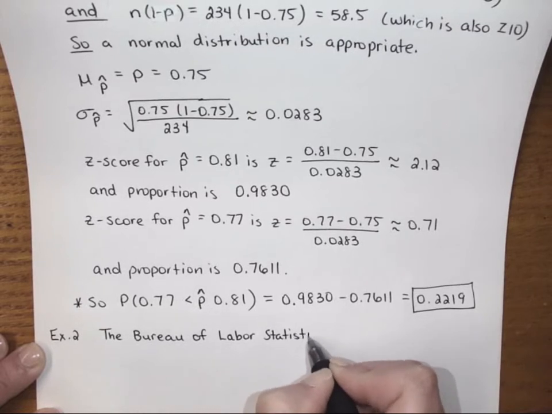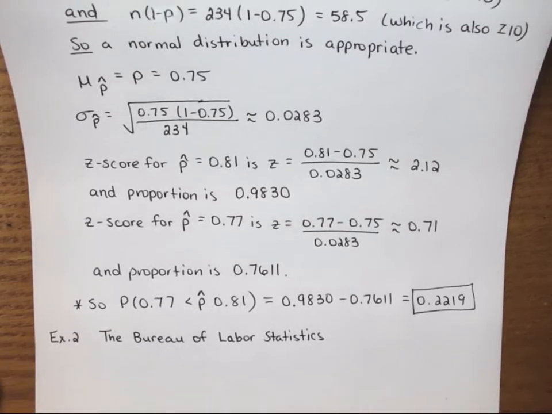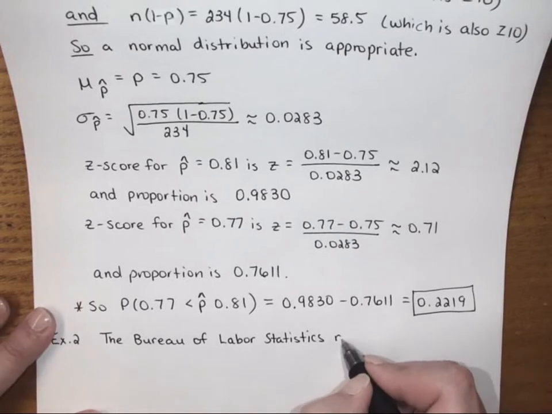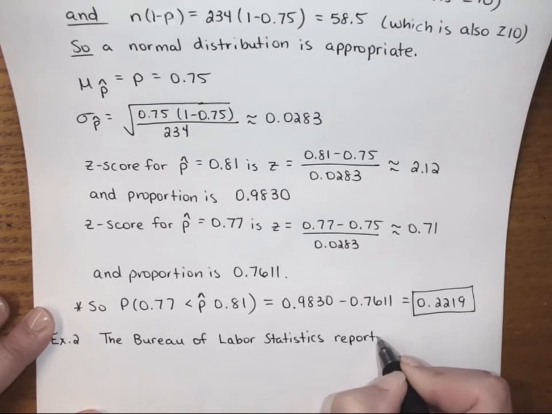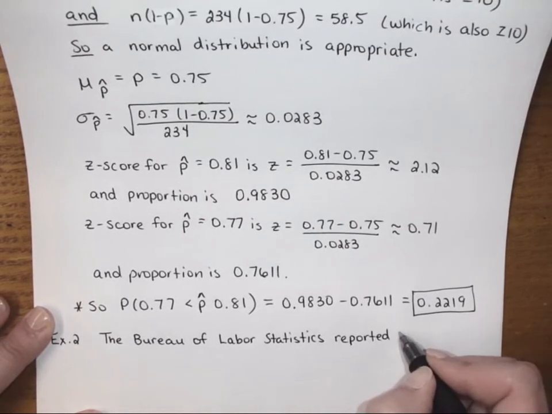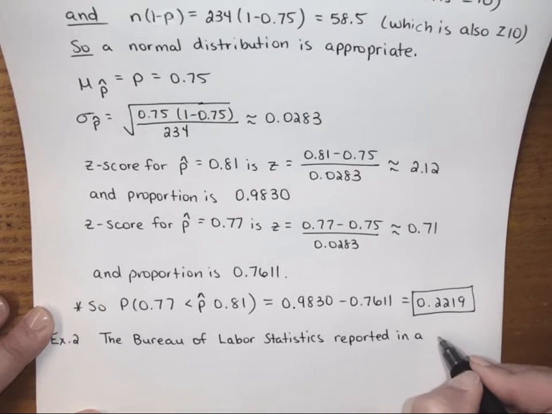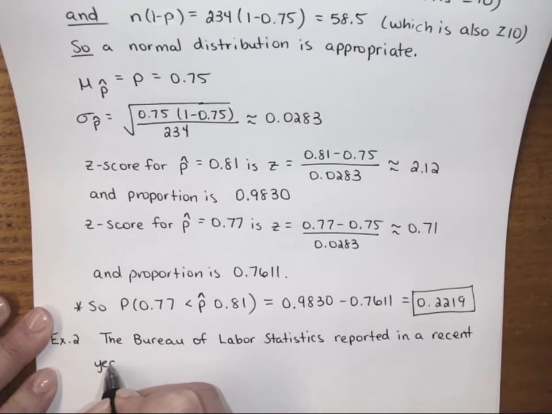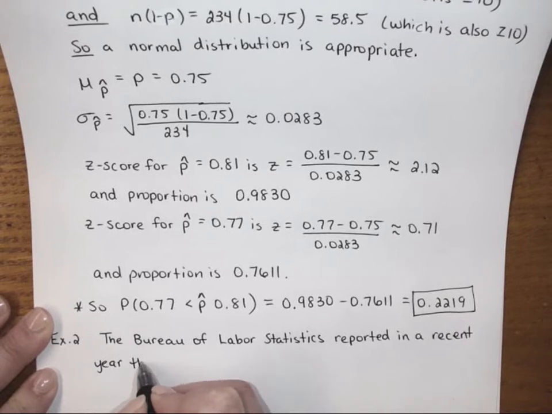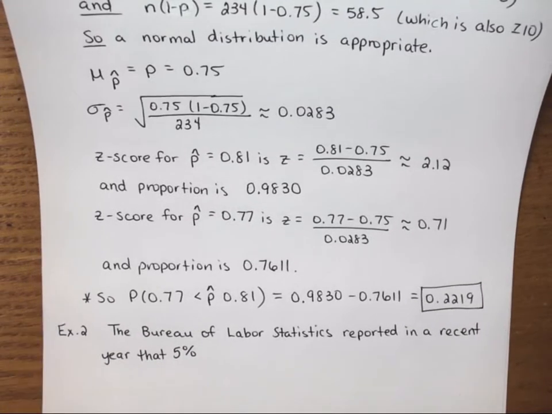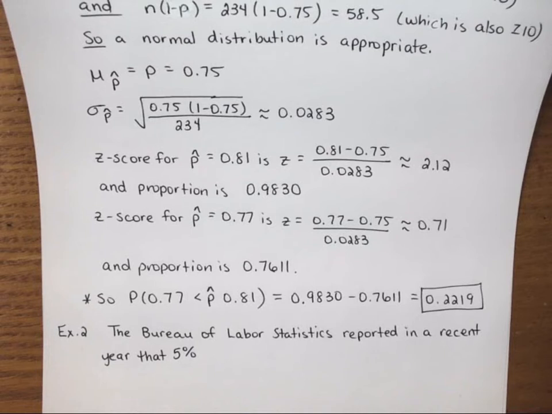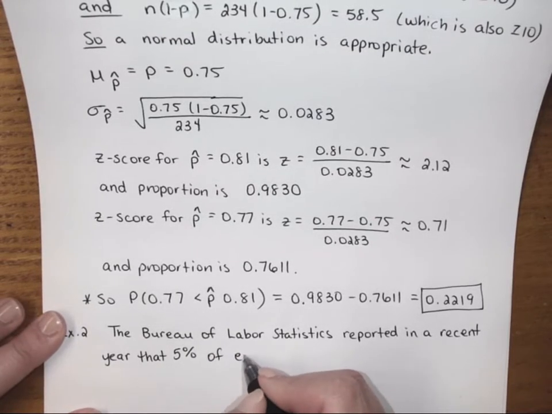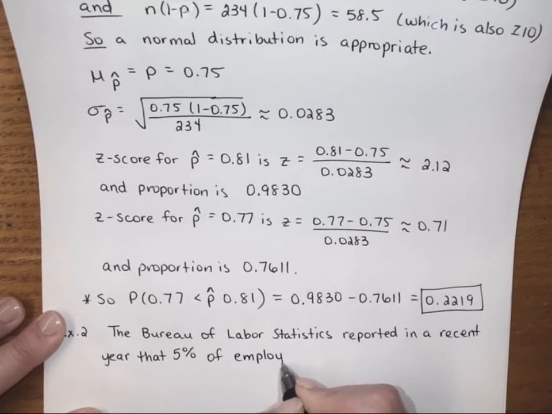All right, so let's say that the Bureau of Labor Statistics reported in a recent year, not this one, and not right now for sure, that 5% of employed adults had multiple jobs.